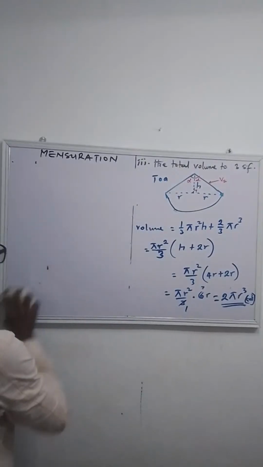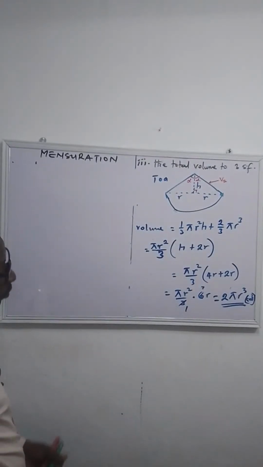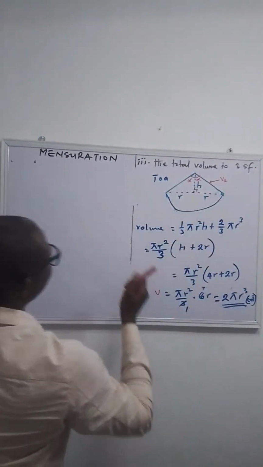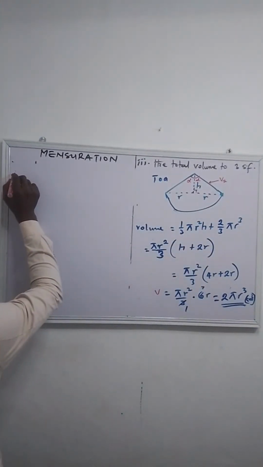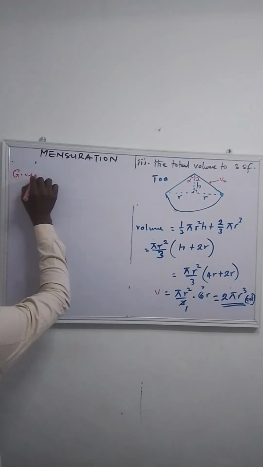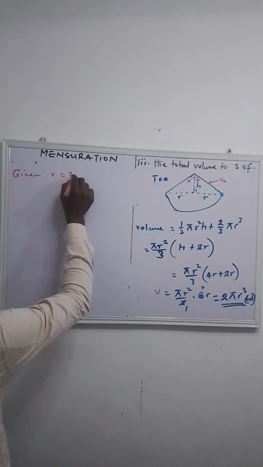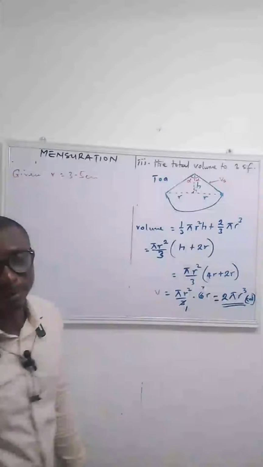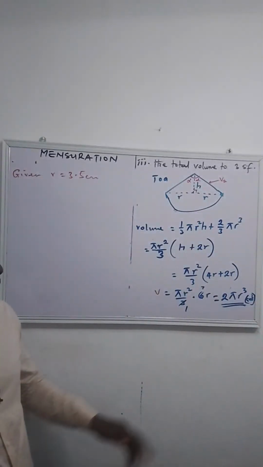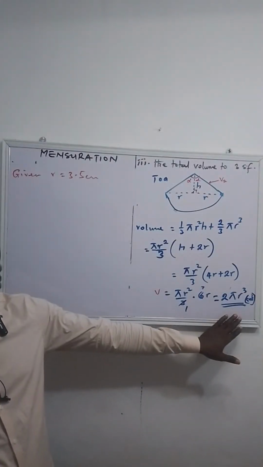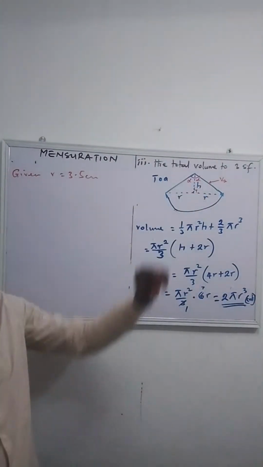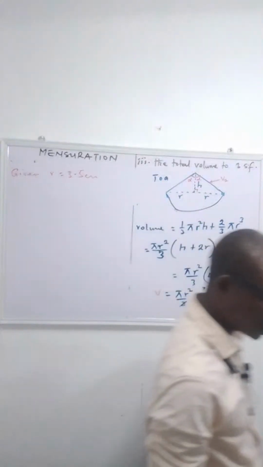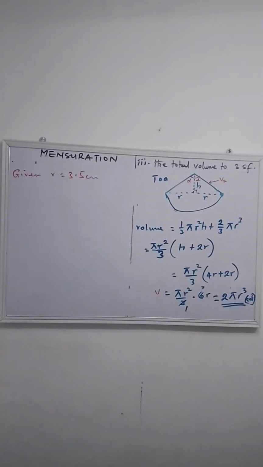So this is the volume. What is the volume to 3SF when given that R is 3.5 centimeter? Can you do that and tell me what the value of the volume is, to the nearest 3SF? If you have your answer, drop that in the comment section.